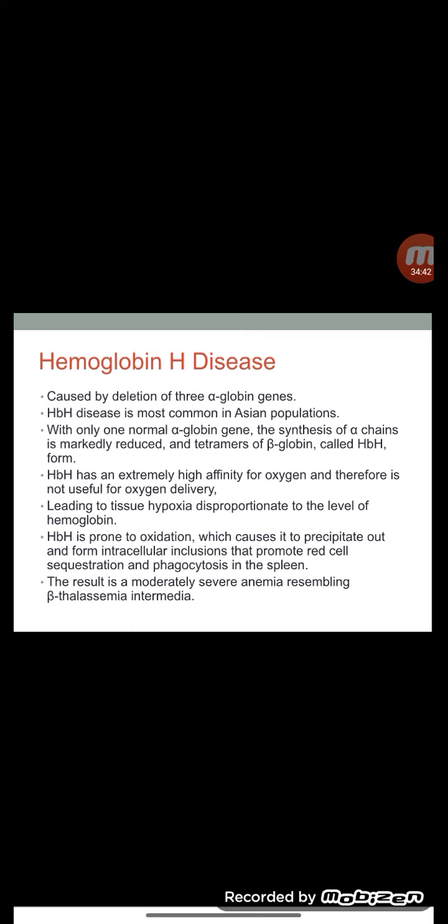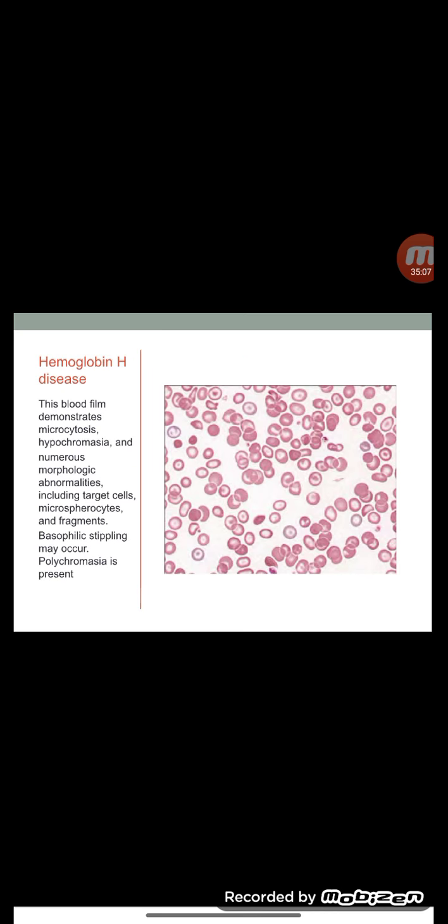HbH has an extremely high affinity for oxygen and therefore is not used for oxygen delivery, leading to tissue hypoxia disproportionate to the level of hemoglobin. HbH is prone to oxidation, which causes it to precipitate out and form intracellular inclusions and promote red cell sequestration and phagocytosis in the spleen. The result is a moderately severe anemia resembling beta thalassemia intermedia.